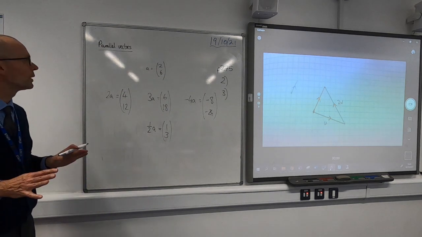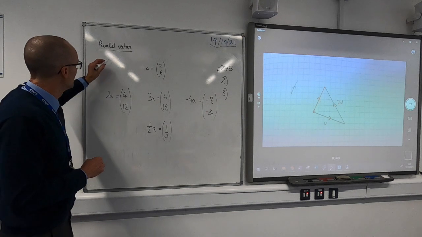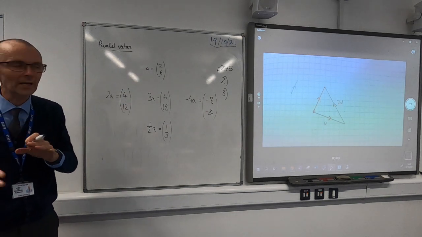These are all parallel. So any multiple of a vector will give you a parallel vector.